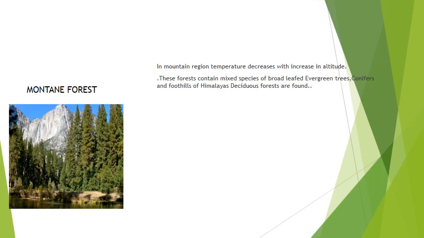Mountain forest. In the mountain regions, temperature decreases with altitude, so that is why vegetation also varies because temperature is different and rainfall conditions are also different. So these forests contain mixed species of broadleaf evergreen trees, coniferous, and at the foothills of Himalayas deciduous forests are found.